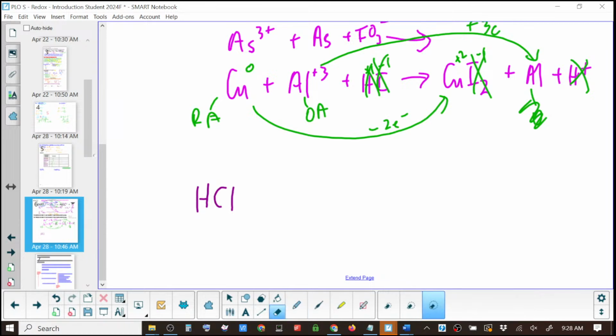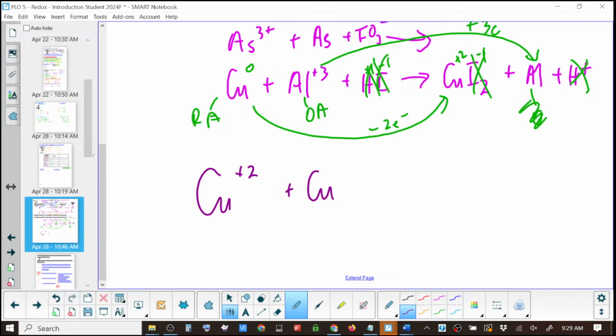I'll give you a very similar example because that's the tricky one. It's not tricky, it does something clever. Let's go with this for a second, but I'll take away all the other things. So I've got Cu2+ plus copper solid goes to Cu+.